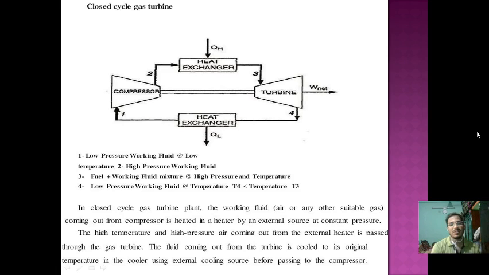Only this difference takes place. The low pressure working fluid is inserted into the first compressor, then the high pressure working fluid goes to the heat exchanger, and then the high pressure and high temperature working fluid is inserted into the turbine.